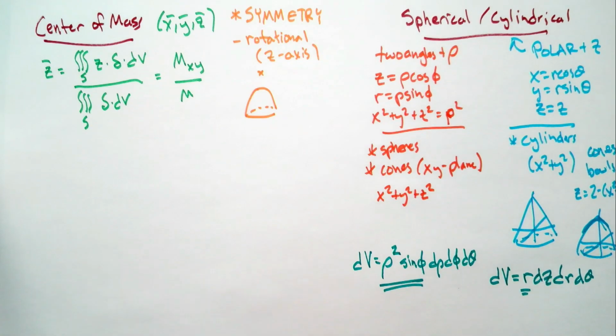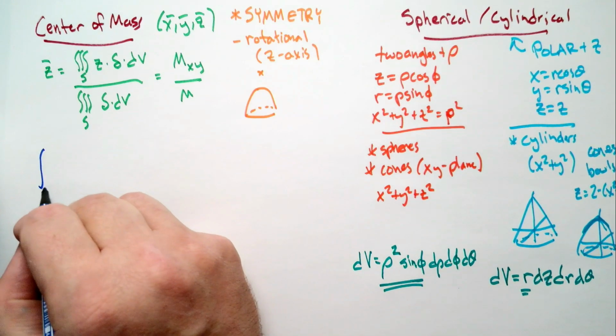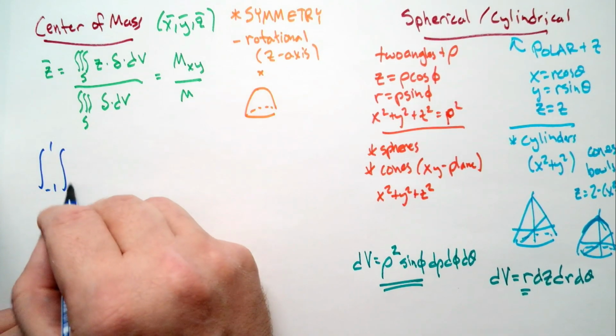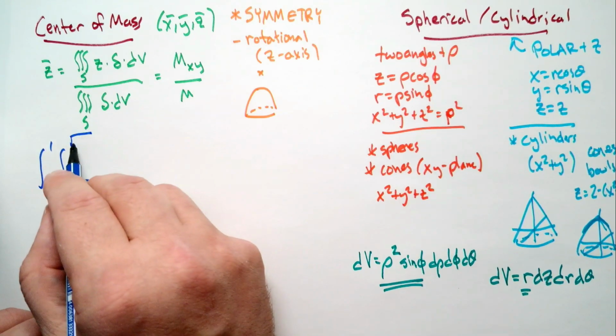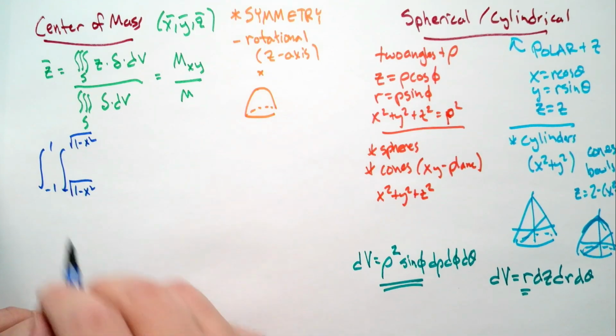The problem with switching is it gets tricky. Okay, all right, we'll do this. So suppose you have the integral from -1 to +1, integral square root of 1 minus x squared to negative square root of 1 minus x squared. There's a negative downstairs. Hard to see.